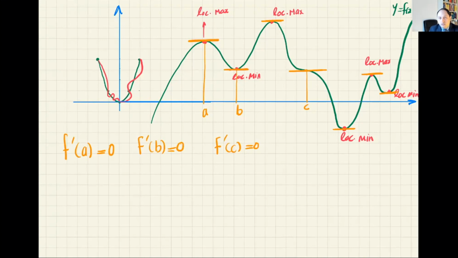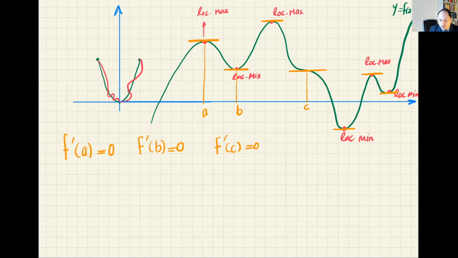Horizontal tangent lines correspond to derivatives equal to 0. But can I say that you give me the function, I differentiate it and equate it to 0, and then I will get x coordinates corresponding to local extreme points?